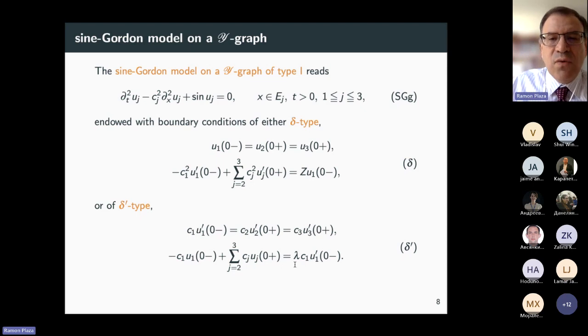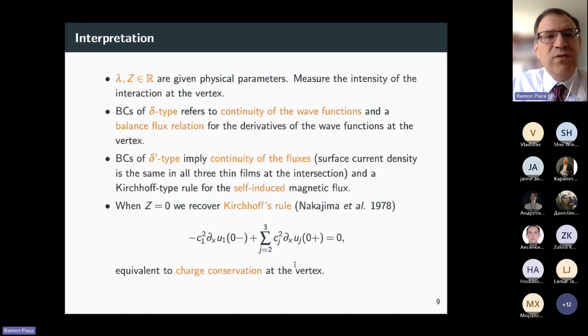Okay, so these are the two most general boundary conditions that you can consider so that the operator is actually self-adjoint. Now, what do they mean? Lambda and z are given physical parameters. They actually measure the intensity of the interaction at the vertex. The boundary conditions of delta type are motivated by, as I said, continuity of the wave functions and a balanced flux condition for the derivatives.